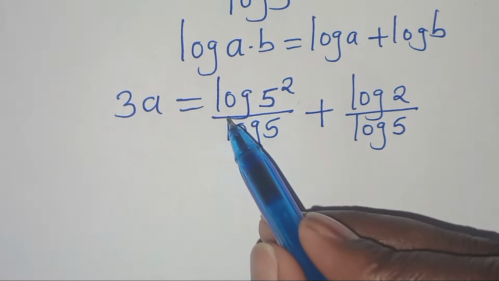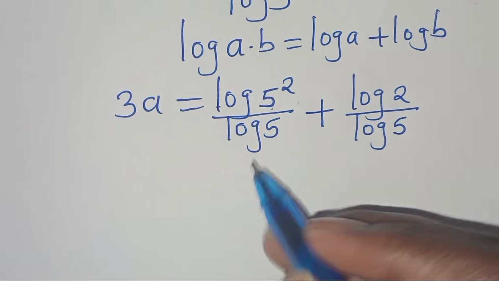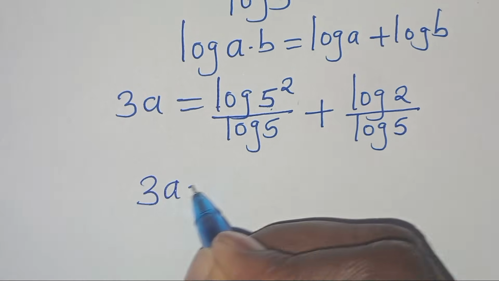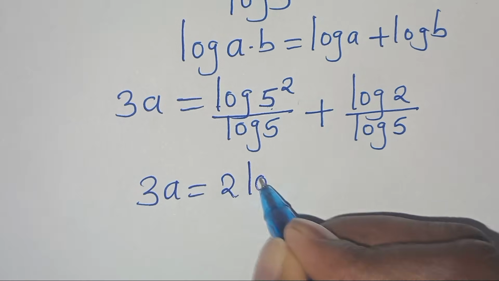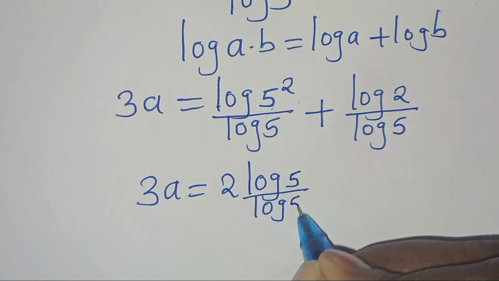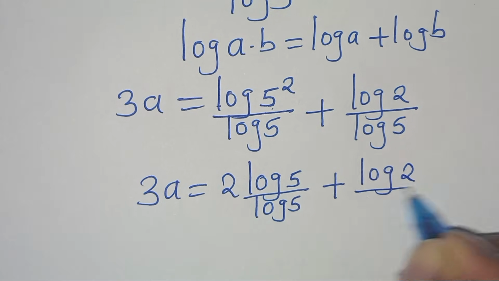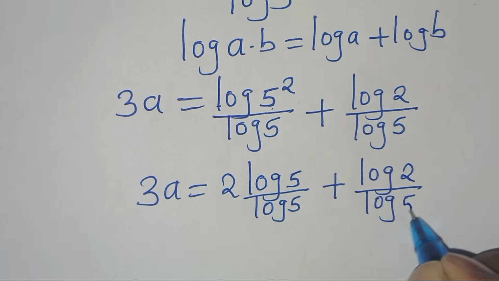The next step is that we can apply the power rule property here. That is log 5 to the power of 2, this becomes 2 log 5. We have 2 log 5 divided by log 5, then plus log 2 divided by log 5.